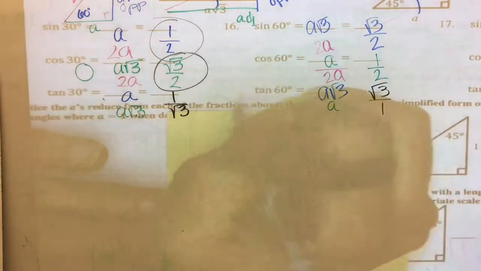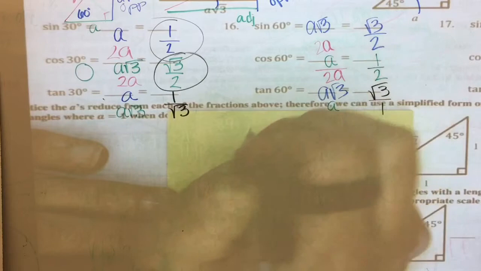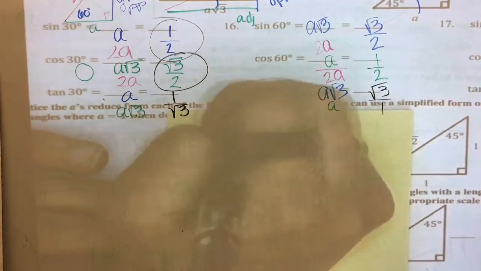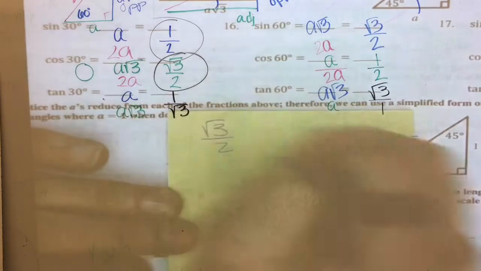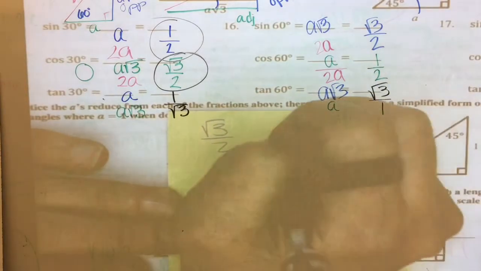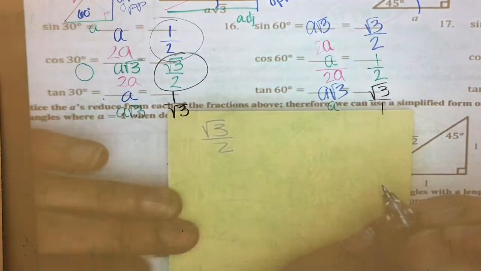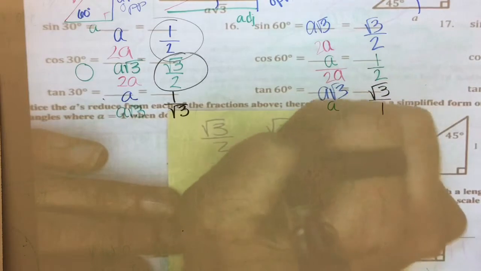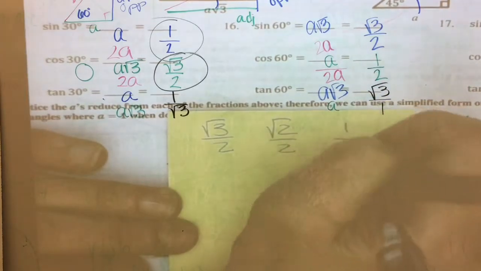I'm going to write my ratios down. I'm not putting them in any particular order. I want to figure out which one is the smallest, which one is the biggest, and which one goes in the middle. Okay, so I have root 3 over 2. I'm going to have the root 2 over 2, and then I have a 1 over 2.